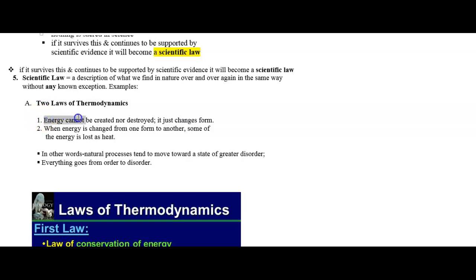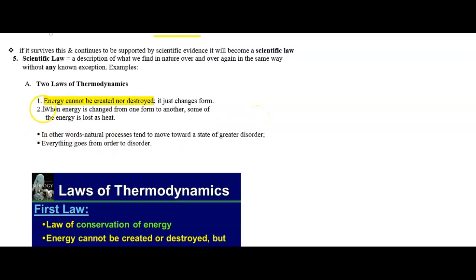So first law of thermodynamics, energy cannot be created nor destroyed. It just changes form. And when the energy is changed from one form to another, some of that energy is released as heat. Lost, sometimes it can be used, so maybe lost isn't the best idea. You can say released as heat.